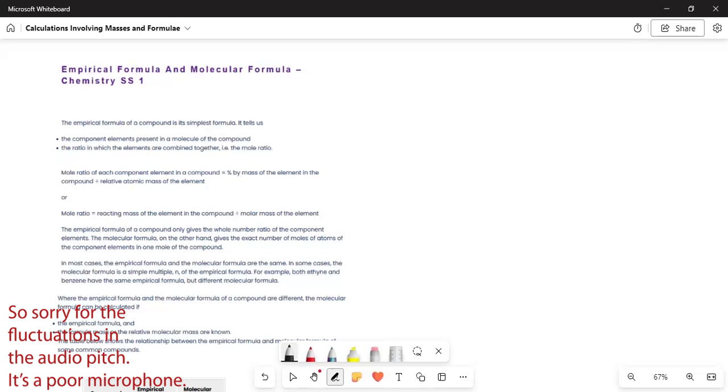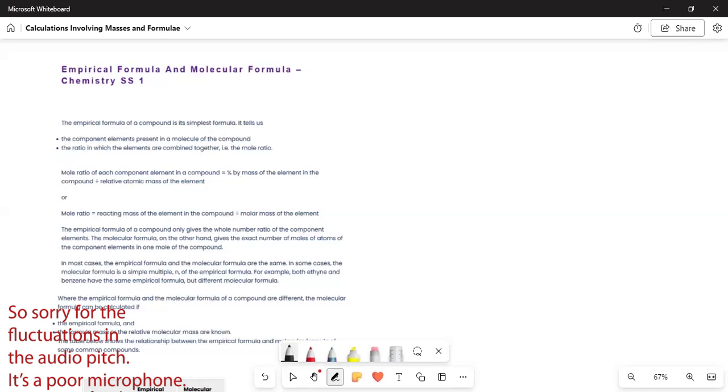So, as it relates to formula here, the empirical formula of a compound is the simplest formula of that compound. It is a formula that tells us the component elements present in the molecule and the ratio in which the elements are combined together. It doesn't tell us the actual number of atoms, it only tells us the elements present and the ratio in which they are present. The actual number is not given.